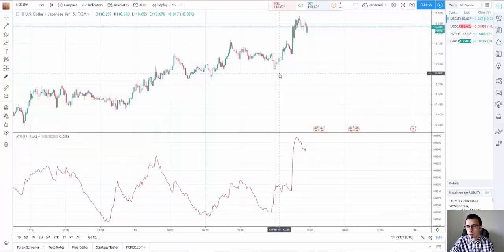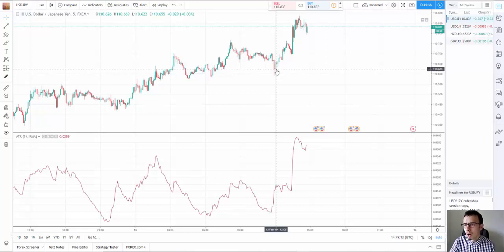To be more precise, it was 110.623. So if I make a buy trade, hoping that the price will go up, I make profits when the price goes up. But what if the price goes down? I need to set up my stop loss.